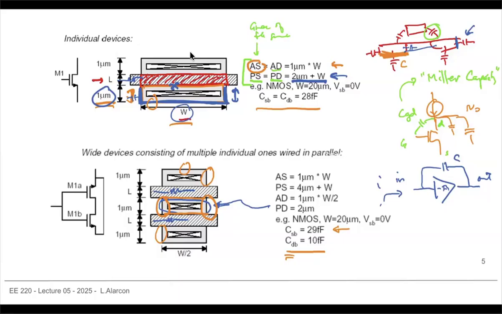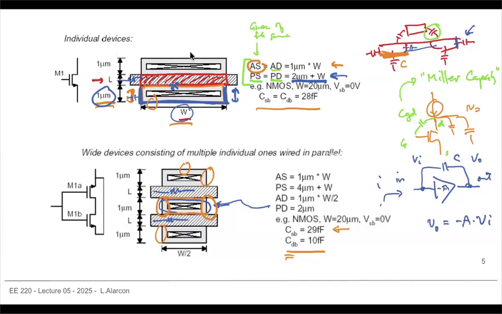Well, if you notice, if I look at this, what's the voltage across the cap? This is V in, this is V out, but V out is negative A times V in, right?